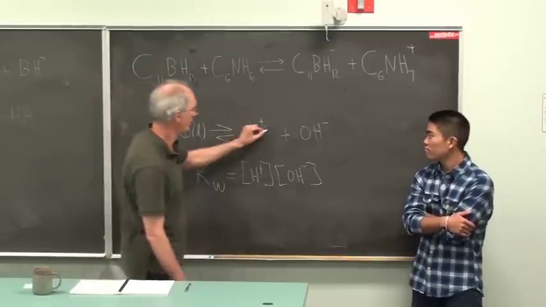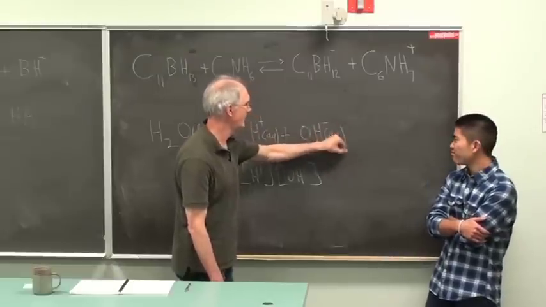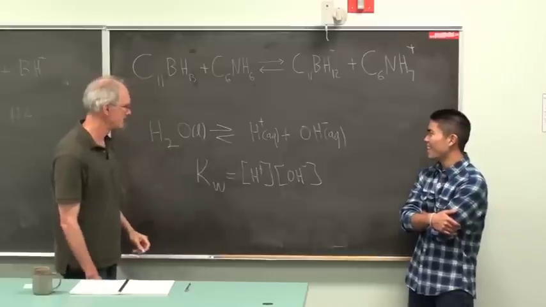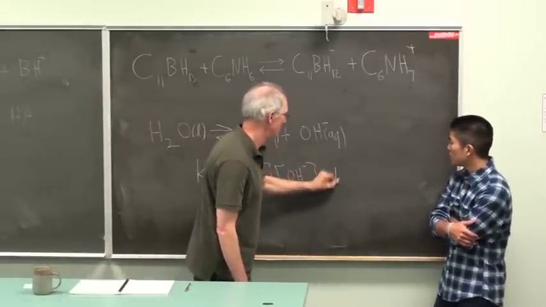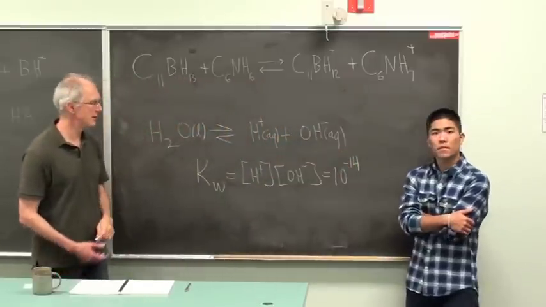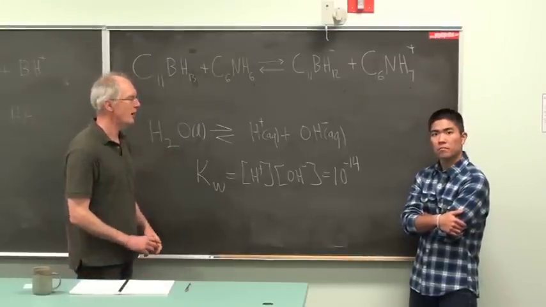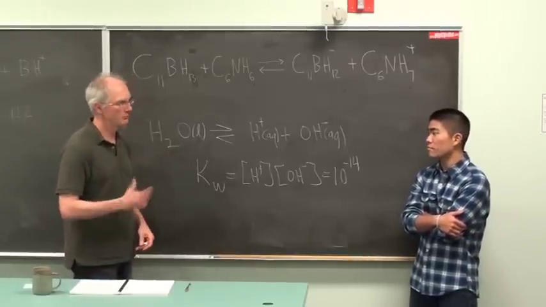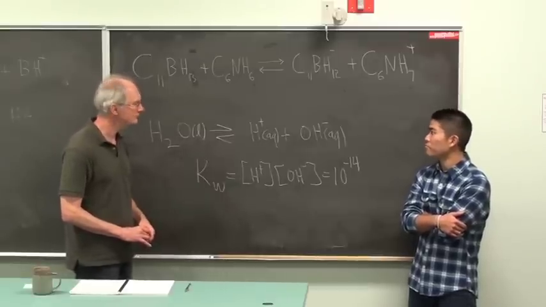It's a pure liquid, so I really should have put little AQs over here. I'm getting a little sloppy there. Right? A pure liquid doesn't appear, and the value of that equilibrium constant is 10 to the minus 14. And you will have that memorized very shortly because you use it over and over again. Kw, 10 to the minus 14.